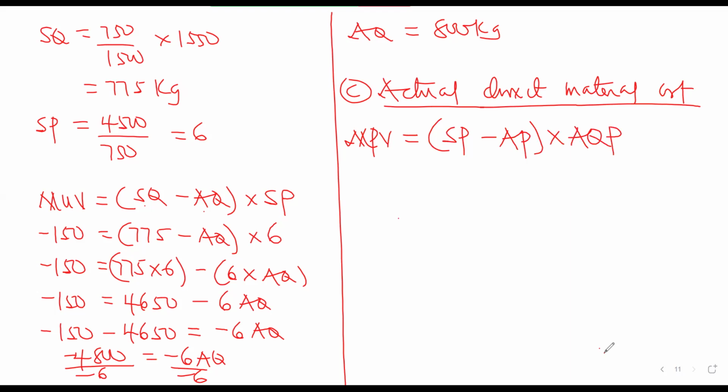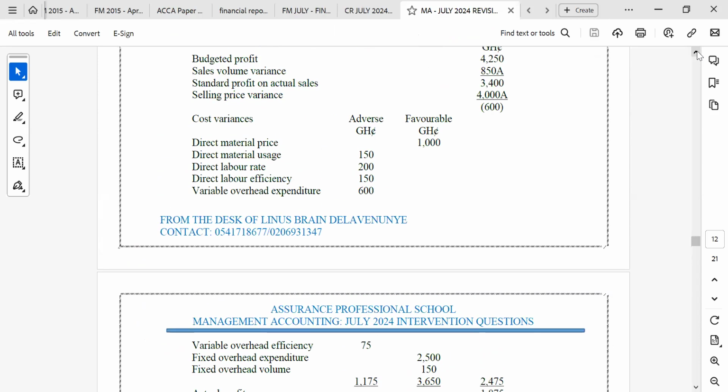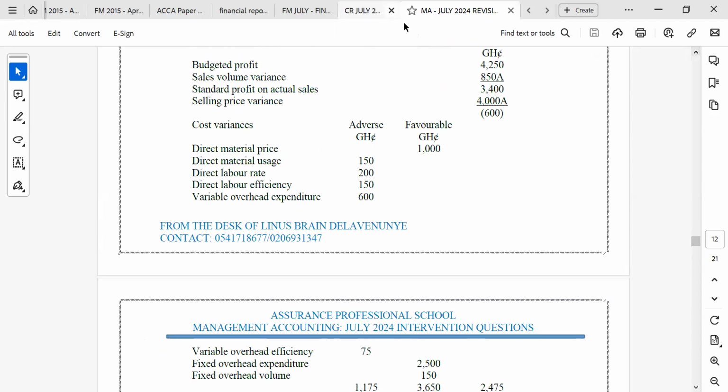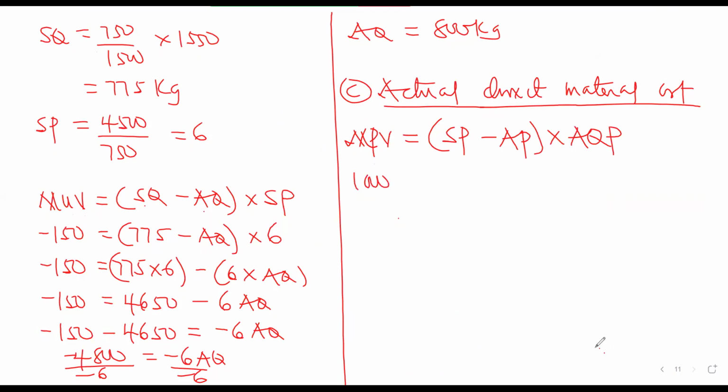So what is our material price variance? It's 1,000 favorable, isn't it? If it is 1,000 favorable, it means that this figure will be higher than this figure. So the resultant will be positive. So you make the favorable to be positive.